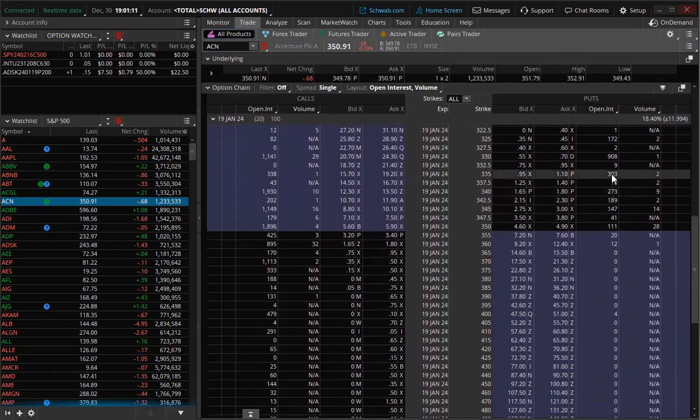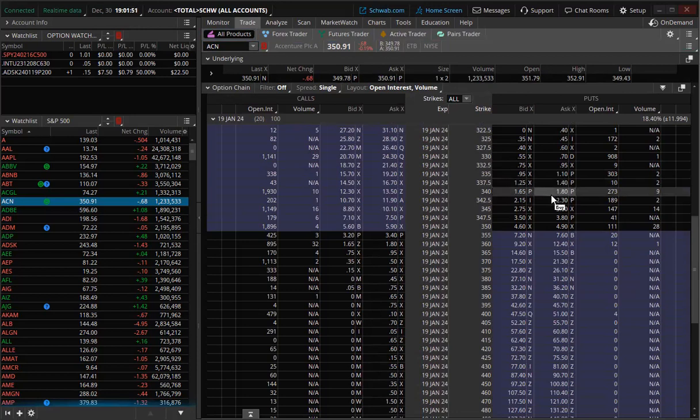And we can see ACN, you can see that there's not really that much interest in ACN. Even so, you don't want the price between the bid and the ask to be more than 30 cents, because that means that both the people who are interested in buying that option and the people who are interested in selling that option on possibly stock that they own are relatively in agreement on the value of that.